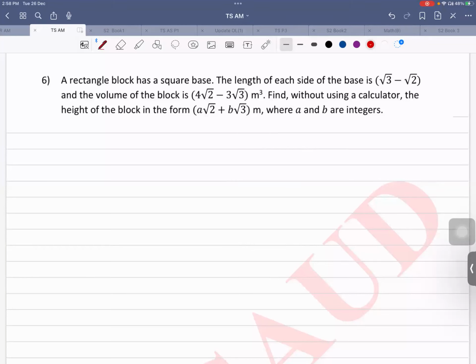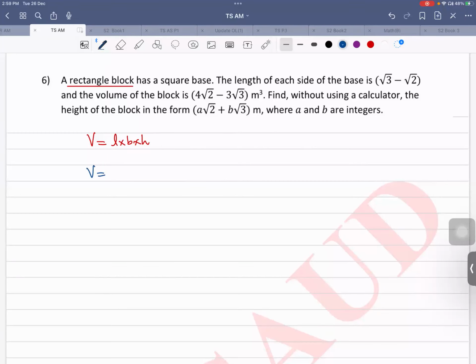A rectangular block is which shape? Cuboid. And what is the formula of volume of a cuboid? Length into breadth into height, where length and breadth are both the same, because the base is a square, only the height is different.